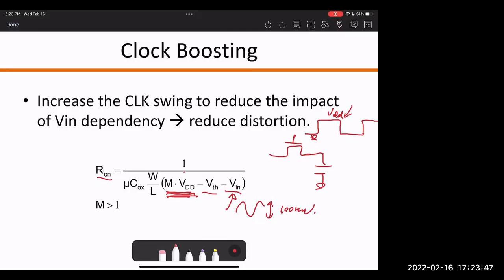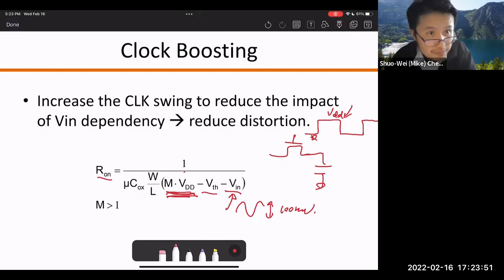It limits the bandwidth, so the lower the better. Remember the RC time constant: if you are able to reduce the resistance, you can settle faster, so the tau value is reduced.